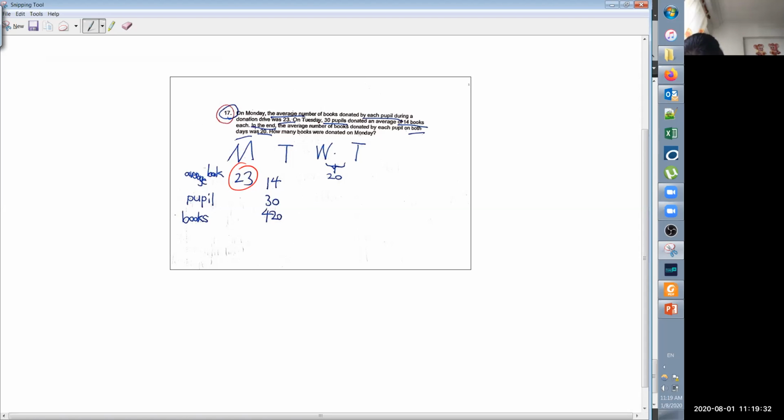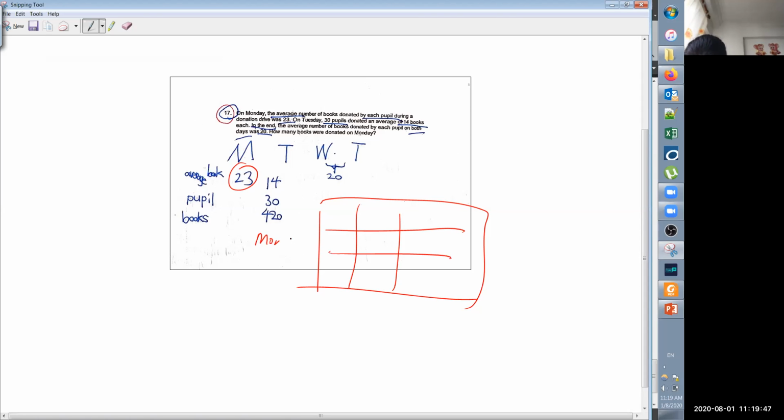And on Tuesday 30 pupils donated an average of 14 books. So that means this is a table method, but you just compound it like this. This is Monday, this is Tuesday. Then of course even more than Wednesday and Thursday, right?